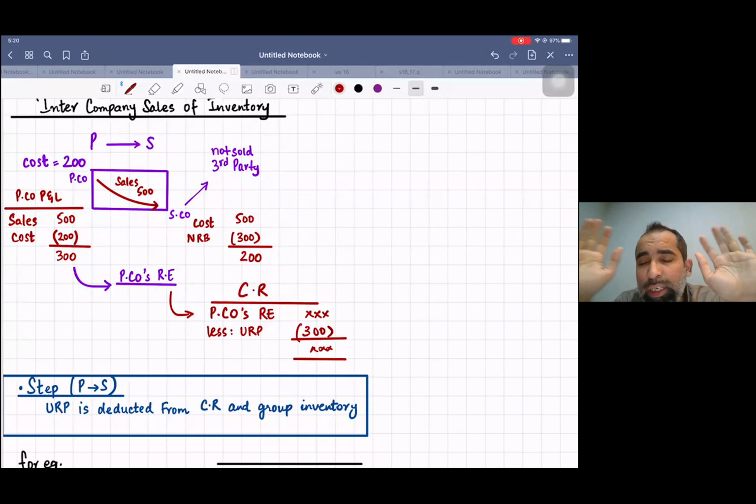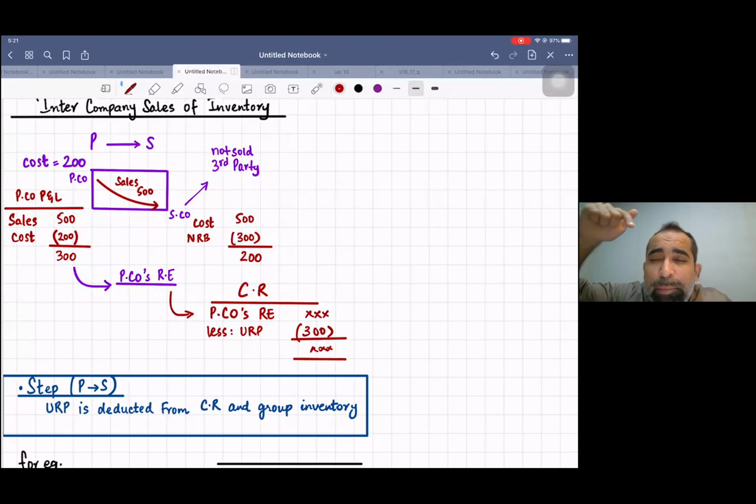Okay, so now we need to remove this unrealized profit from group accounts. Now how will we do it? As this transaction is P2S, this unrealized profit is booked by the parent company.